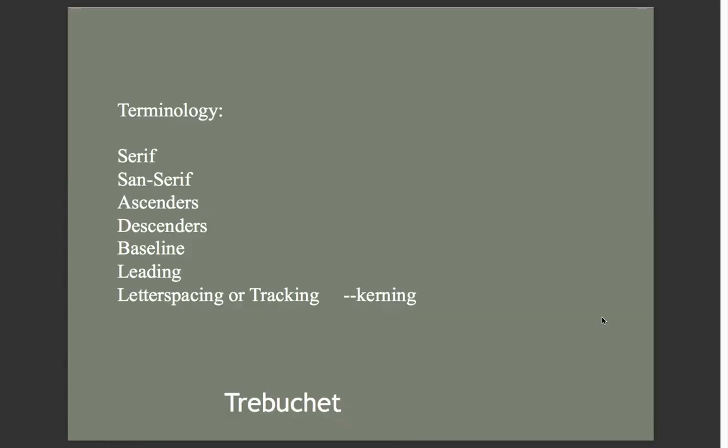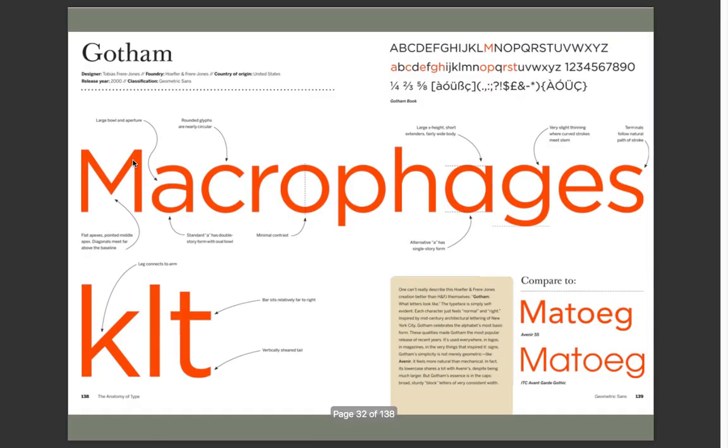Some things to think about, and I think this is good for your own searching to go looking for this some more, are some terms like serif, sans serif, ascenders, descenders, baseline, letter space, or tracking, which is sometimes called kerning, but kerning used to be a verb and not a noun, but it's sort of changing. So I'll show you what I mean.